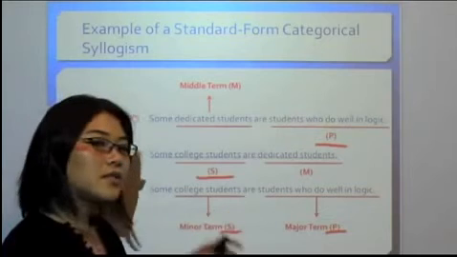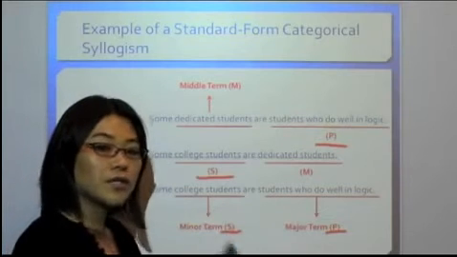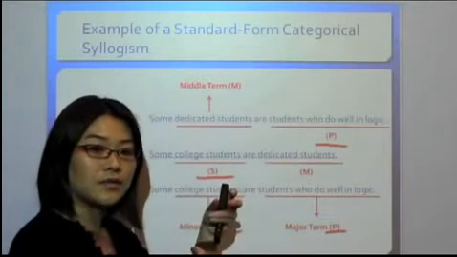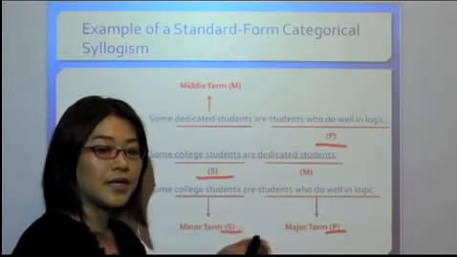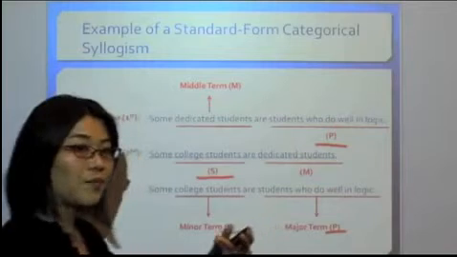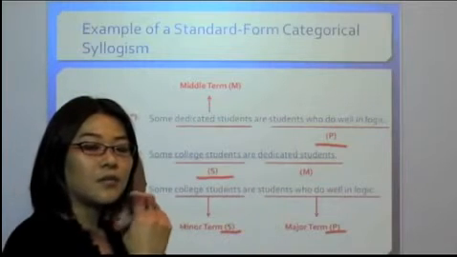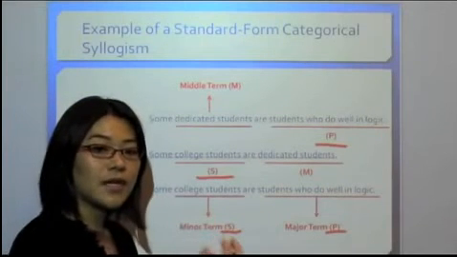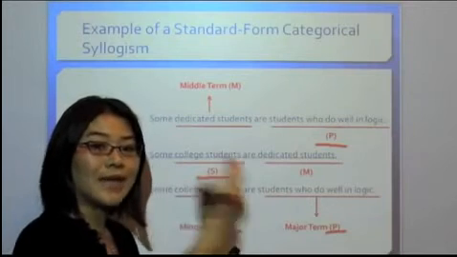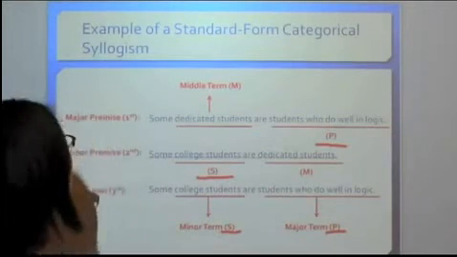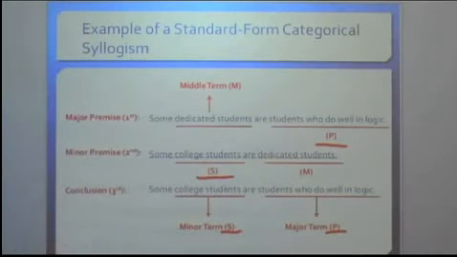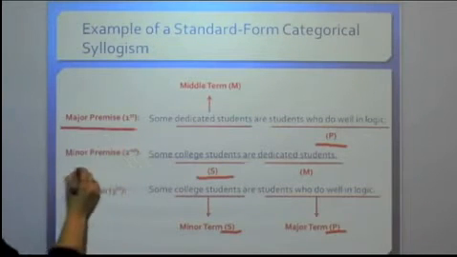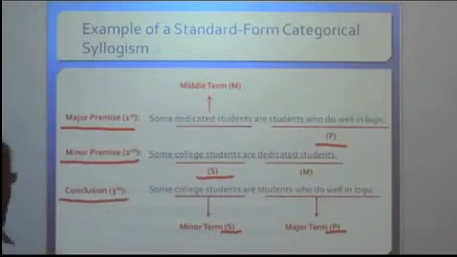Now, the minor term and the major term will always also occur in the premises, okay? One of the terms, the subject term, will be in what is called the minor premise, okay, and the predicate term of the conclusion, the major term, will appear in the major premise, okay? So notice how we have three different kinds of statements. We have the major premise, the minor premise, and the conclusion, okay?